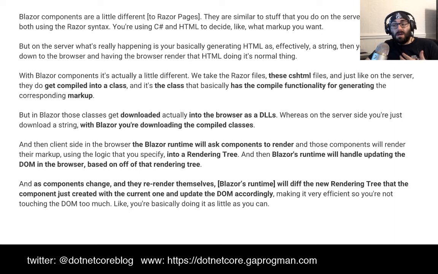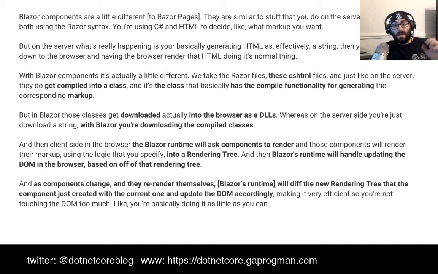Essentially, the Blazor runtime generates a rendering tree the first time it runs. And as you start to interact with it, you tell Blazor, I've made a change, or the code has made a change, at which point Blazor then goes, right, all of you components, here's the state, render yourselves.